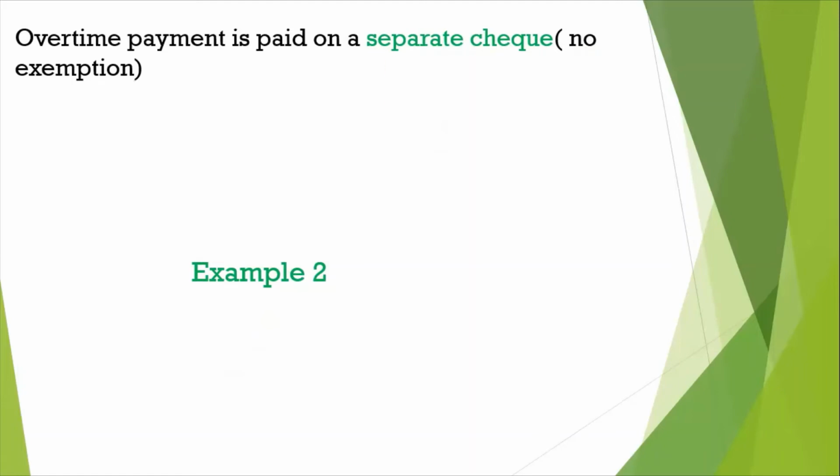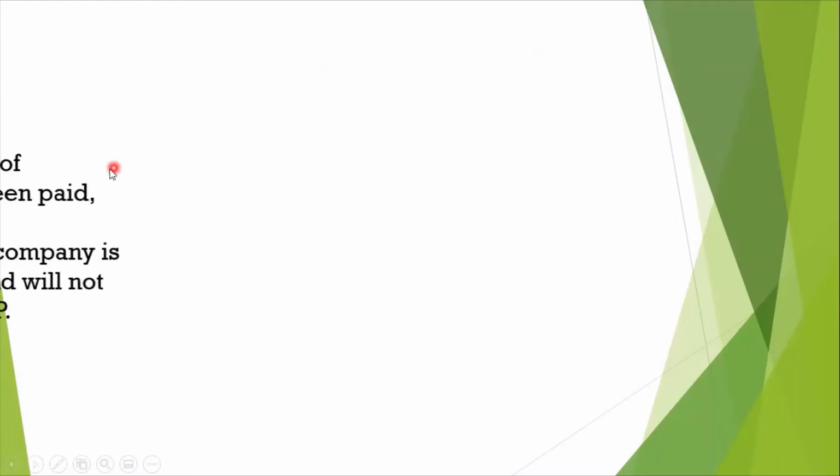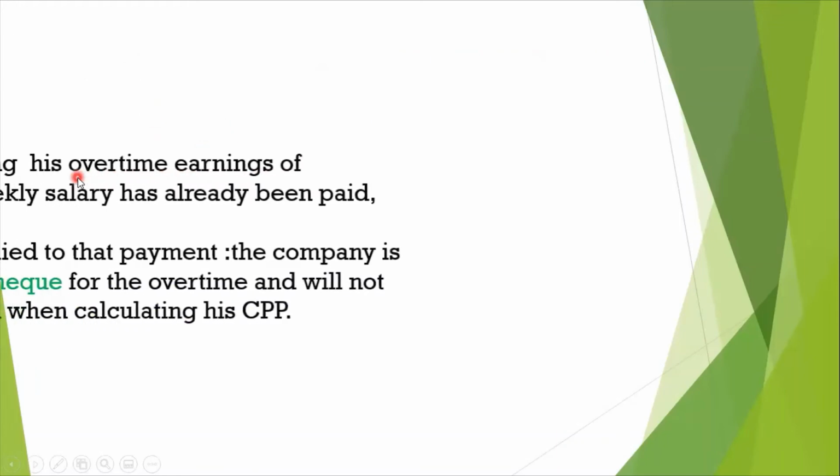So this amount they had forgotten to give you, but now they are paying you on a separate paycheck. This amount is still going to be subject to the QPP or CPP contribution, but you're not going to subtract the exemption from it.